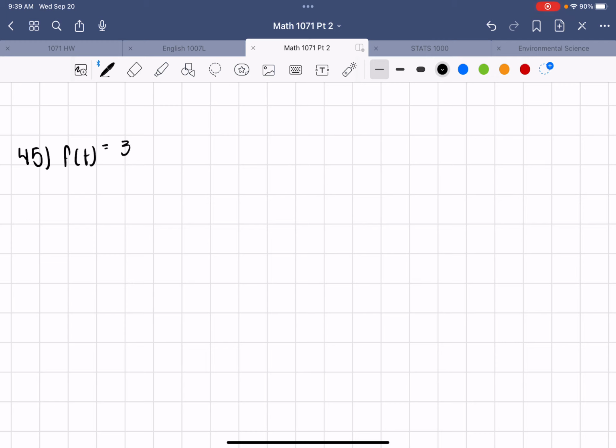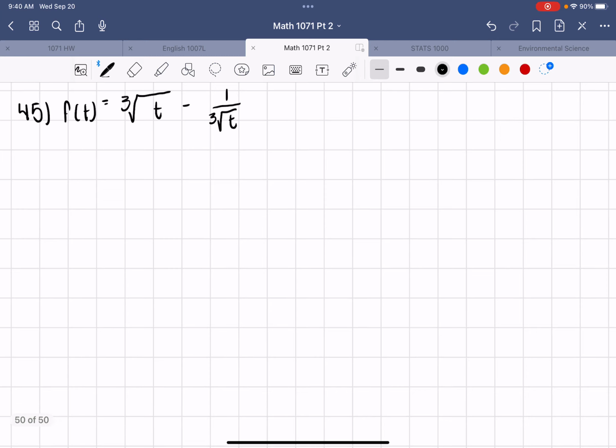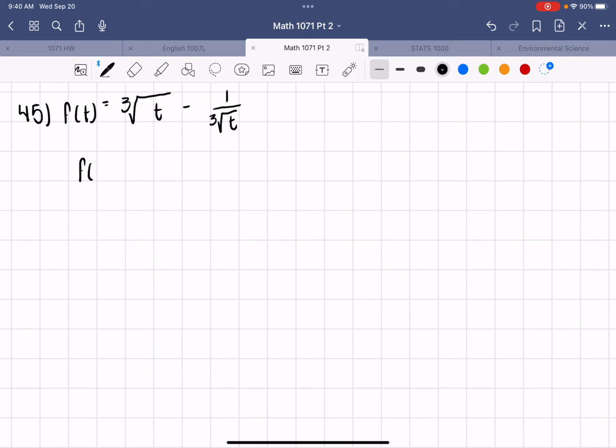So f is really t to the 1/3 power minus. Okay, now here, maybe I'll do it in 2 steps. It's 1 over t to the 1/3. So, cube root is what I mean by a fractional power, t to the 1/3. And here I have t to the 1/3 in the denominator.